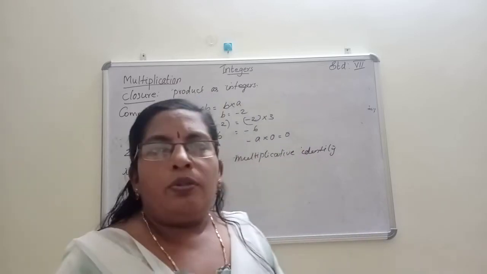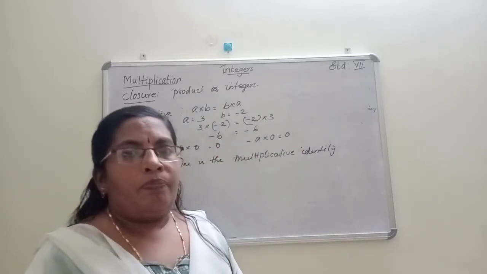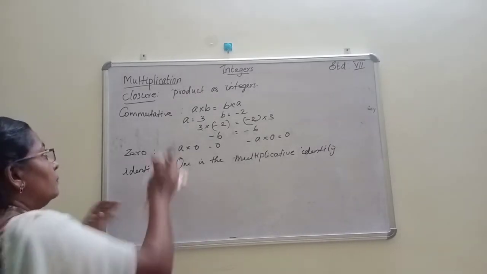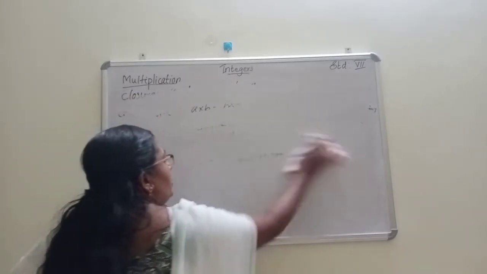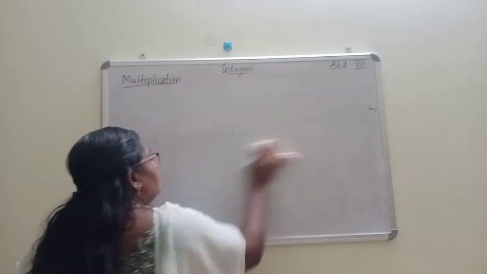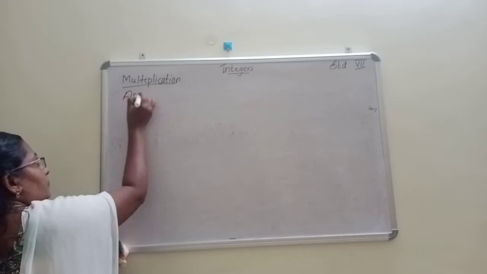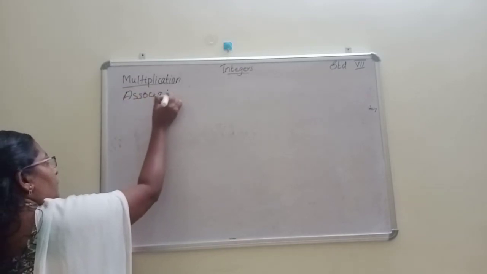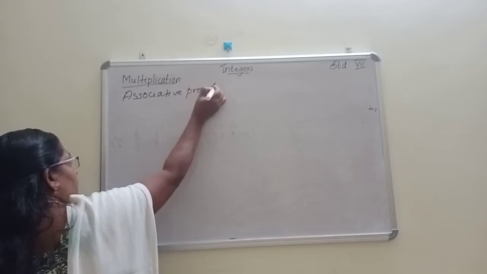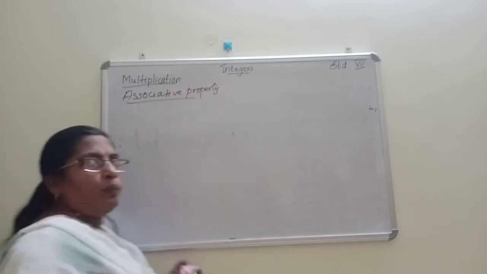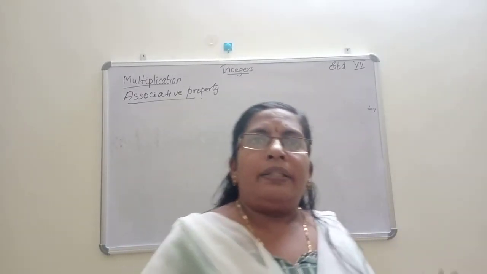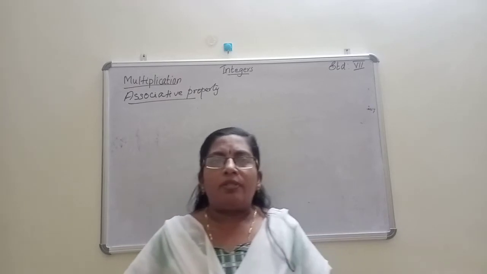Next, we are going to study associativity, the associative property. In addition, we know we take 3 numbers A, B and C. When we add those 3 numbers in any grouping, it gives the same answer.